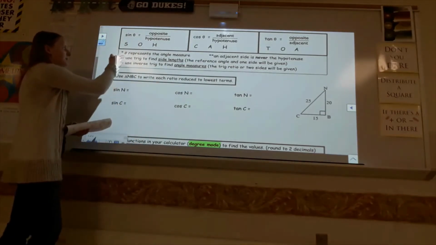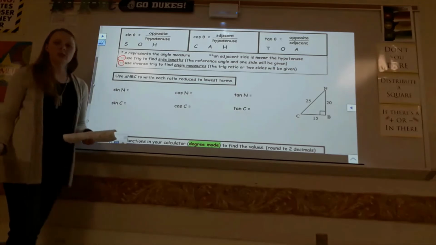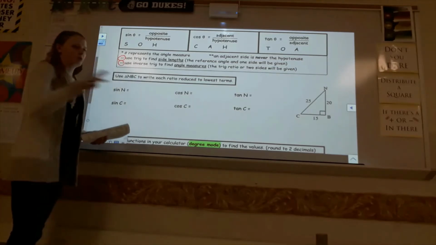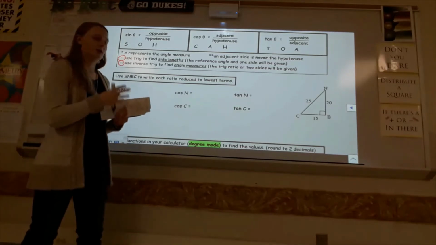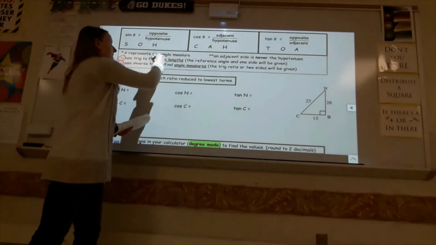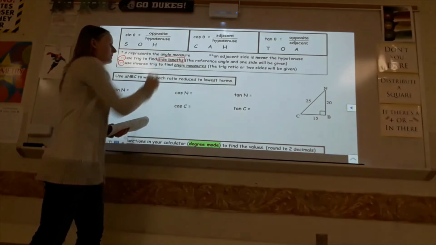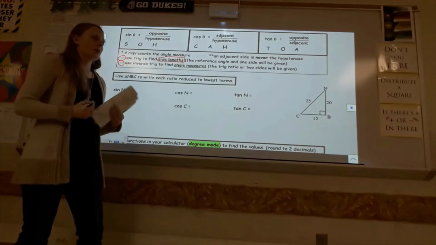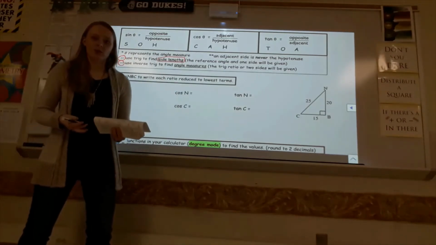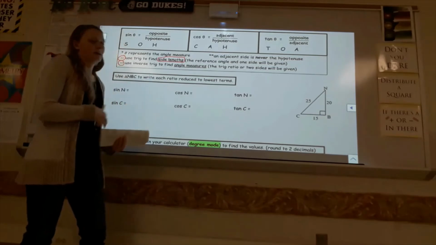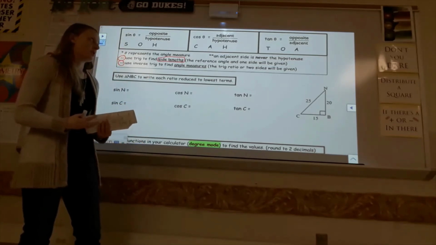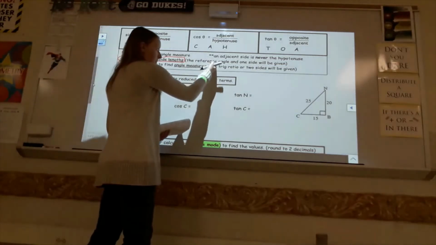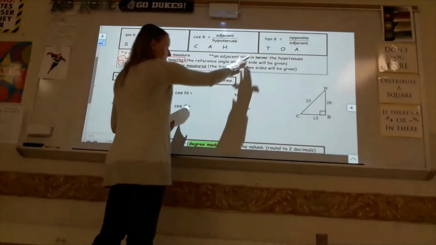We have 2 different scenarios we're going to be working with using trig. If you guys are just using regular trigonometry, your generic sine, cosine, and tangent, like we're going to practice in a little bit, you're using that to find a side length. So if you notice that you are being asked to find a side length within a triangle, you would use regular trigonometry if you're given a particular piece of information. Specifically, if they give you the reference angle, right, and then they give you one other side.